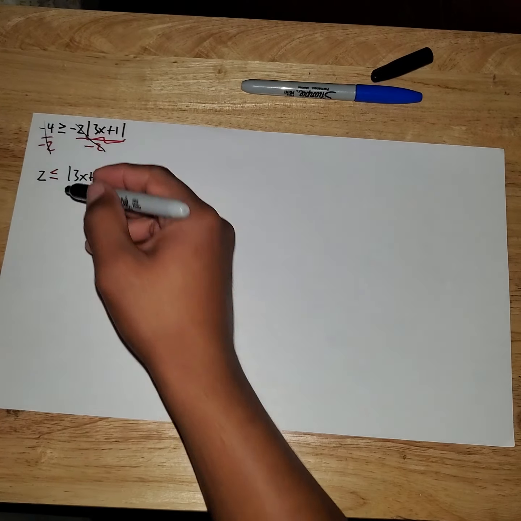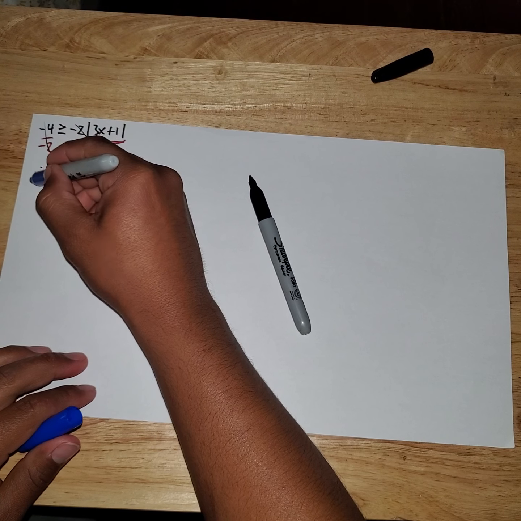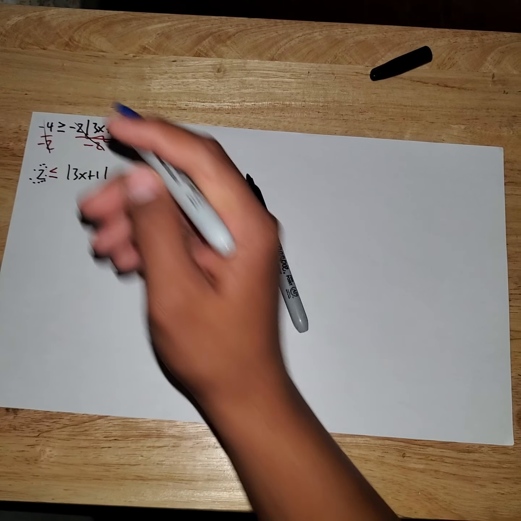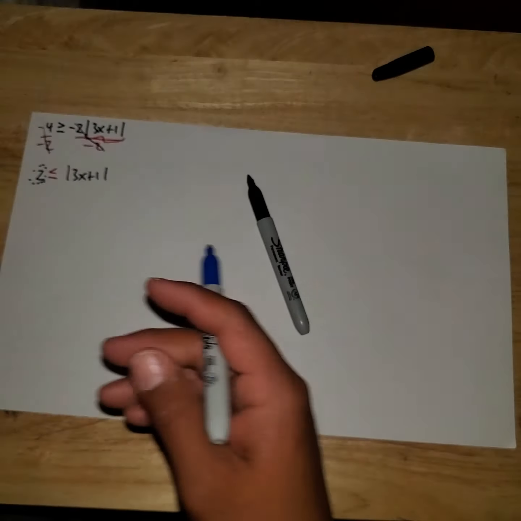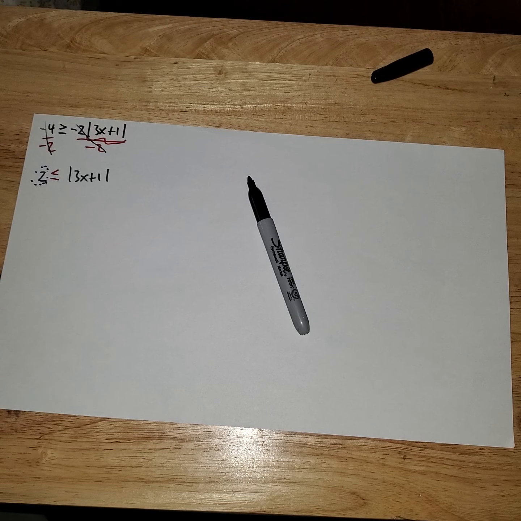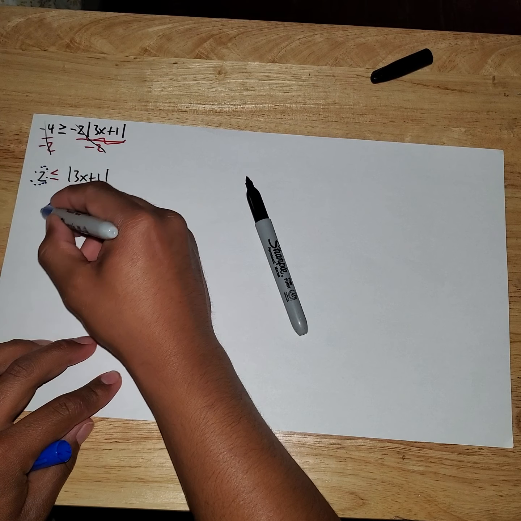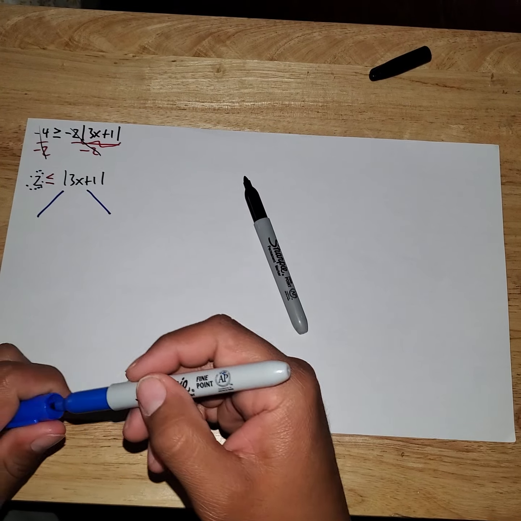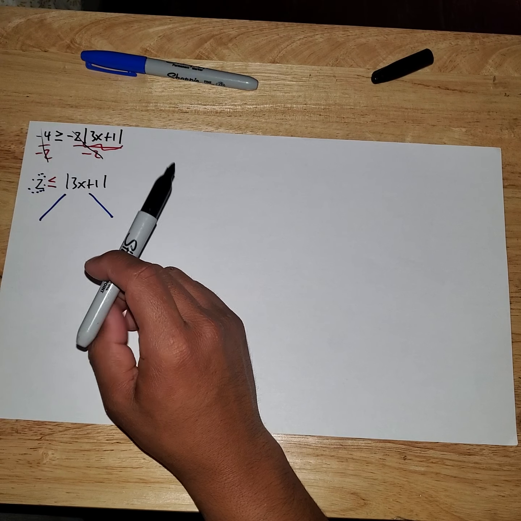But now we have to look, is this number 0 or negative? Those are things we want to watch out for, 0 or negative. Since that is a +2, that's not 0 or negative, we can continue with making our two different inequalities. Remember, it doesn't matter the absolute values on the right-hand side.